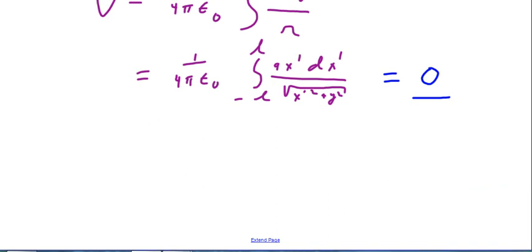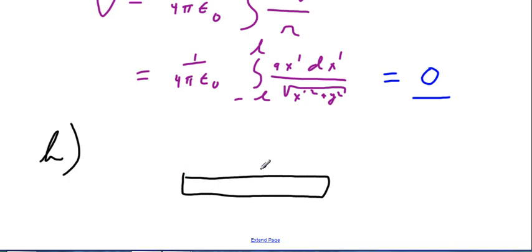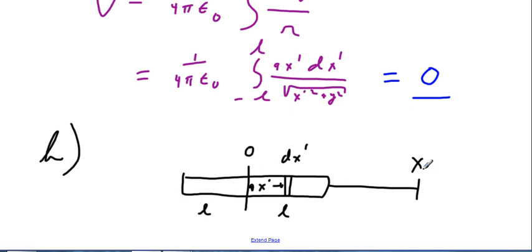All right, back to the B part of the problem. I want a point on the x-axis. So I've got my rod, I've got my 0 place, I've got L on this side and L on that side, and I find some dx prime, some little bit in there, with some x prime coming out to it. And I'm asking, what is the voltage out here at x?